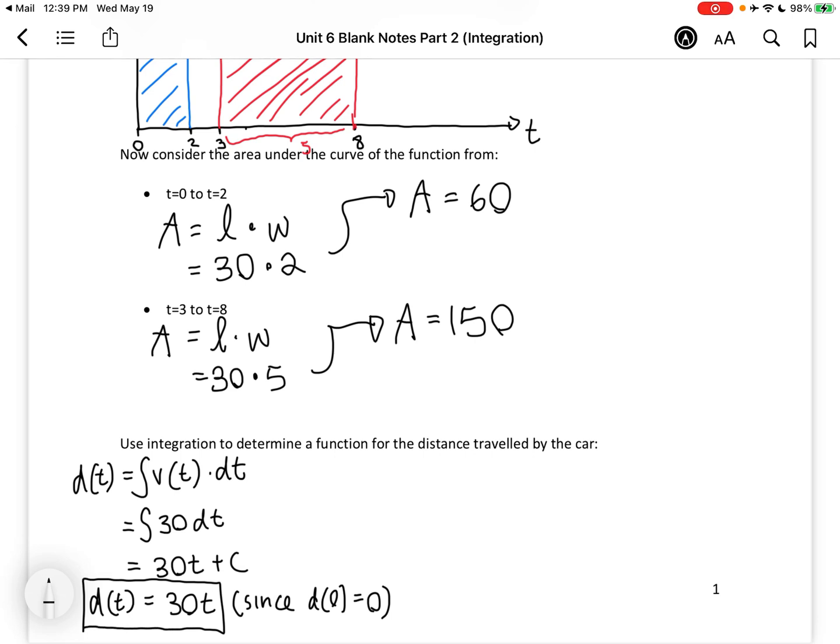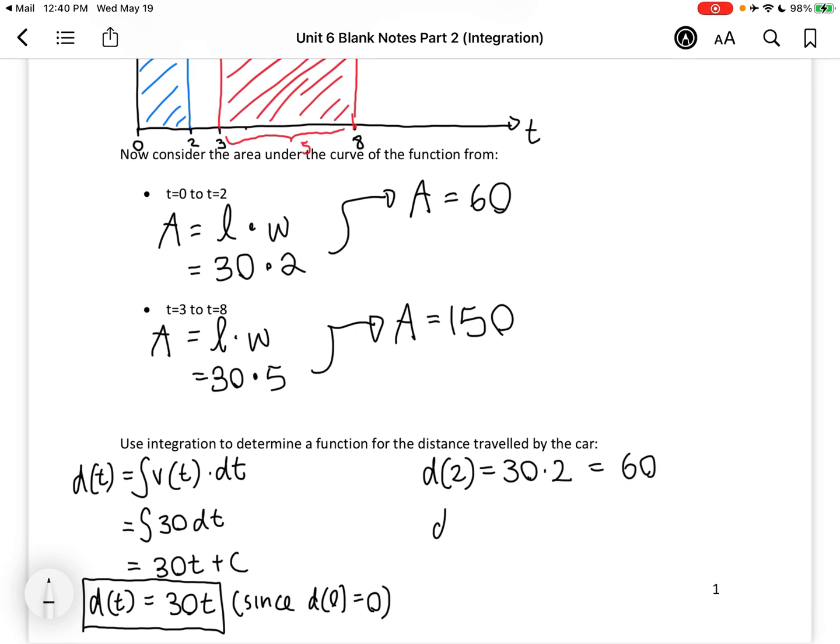And now what I want to do is use that function to come back to this little exercise that we did with area, and pay attention to the fact that d of 2 is 30 times 2, which was the same as our area, which is 60.